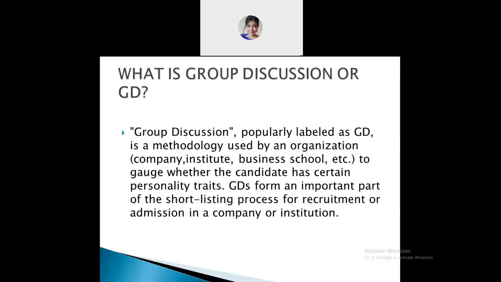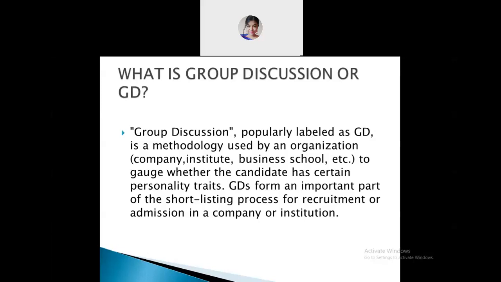But in order to get a job, you have to face at least one round of interview, and if there are 2 or 3 rounds, you have to pass each and every round to get selected. Nowadays GD is one of the common rounds of interview.